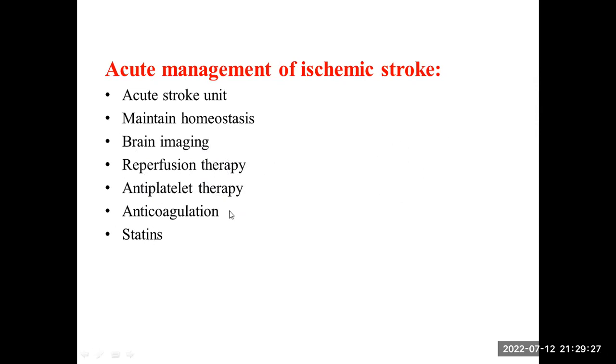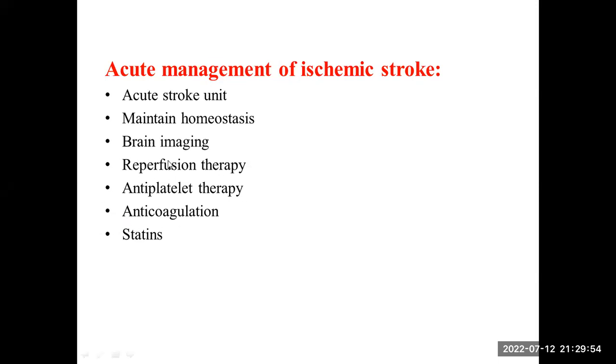If the patient underwent reperfusion therapy, then antiplatelet should be given after 24 hours from reperfusion therapy. So an important point here, we use aspirin monotherapy, aspirin alone, not a combination of aspirin and clopidogrel in the acute setting. Aspirin is used alone for 2 weeks, and then it will be followed by clopidogrel for secondary prevention after 2 weeks.